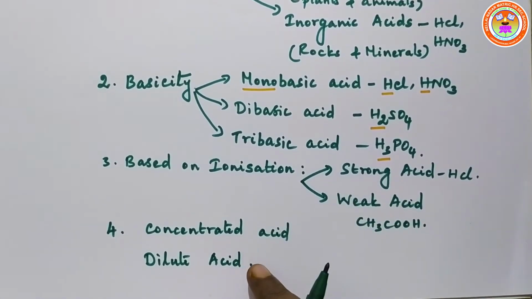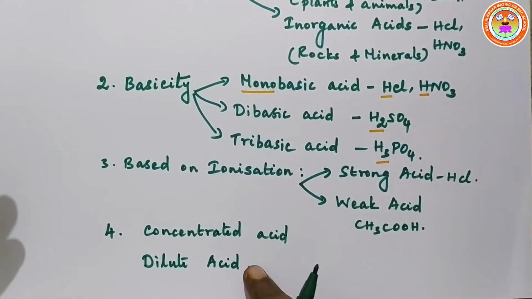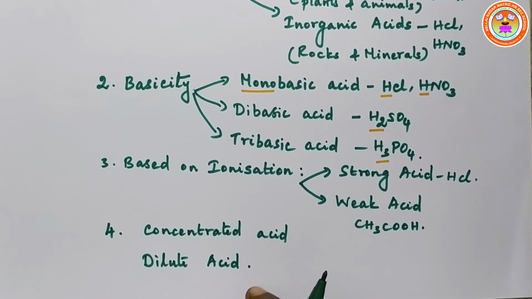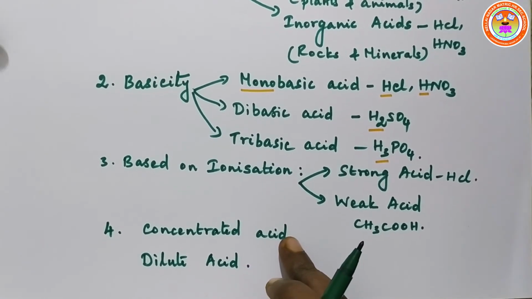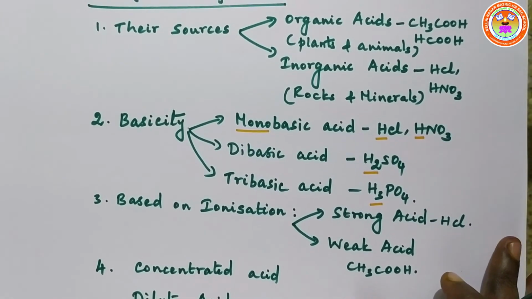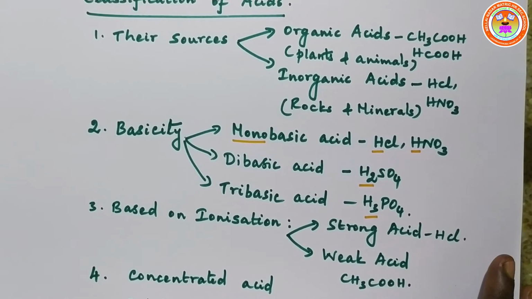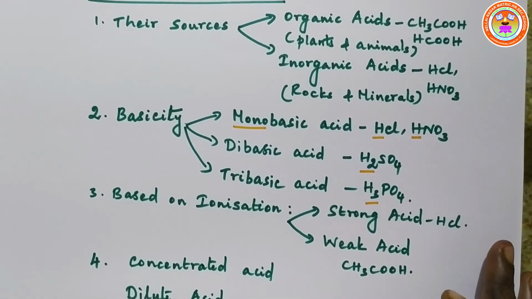In a dilute acid, the relative amount of acid present in the solvent is smaller. So this is the classification of acids based on their sources, basicity, ionization, and concentration.